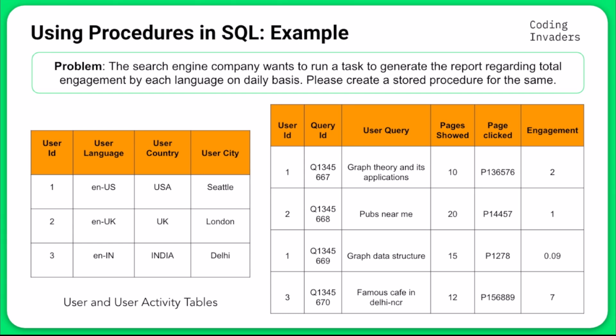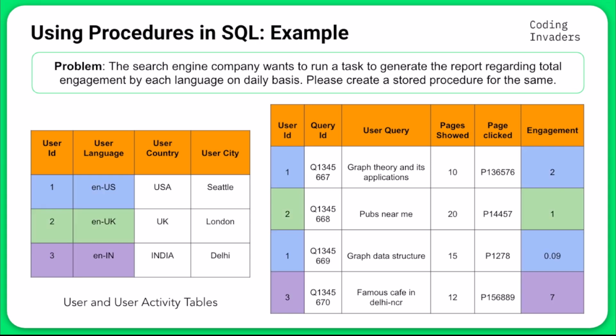User ID 1 searched twice. The first engagement was 2 and the second engagement was 0.09. So what are they asking? They want the total engagement for each language.